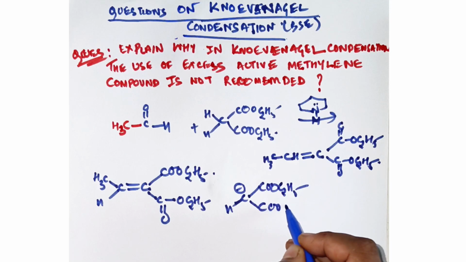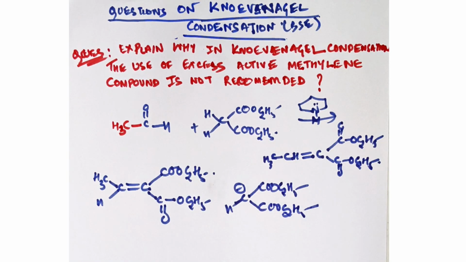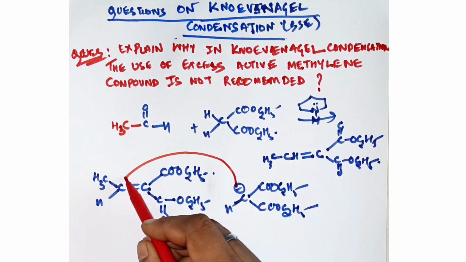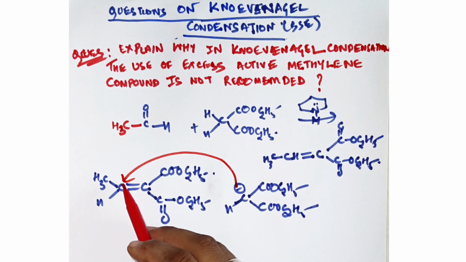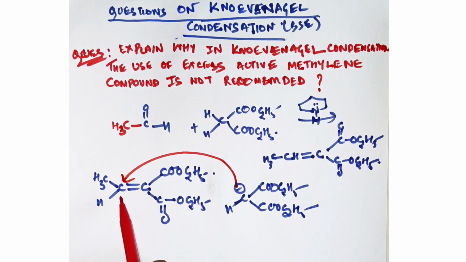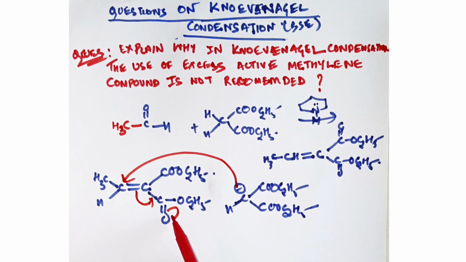It will react more. This active methylene compound will go and attack the carbon of the double bond. Why? Since it is a double bond, the pi electron cloud is there, so the carbon is electron deficient. The electrons will come out and this oxygen will pull the electron towards itself.